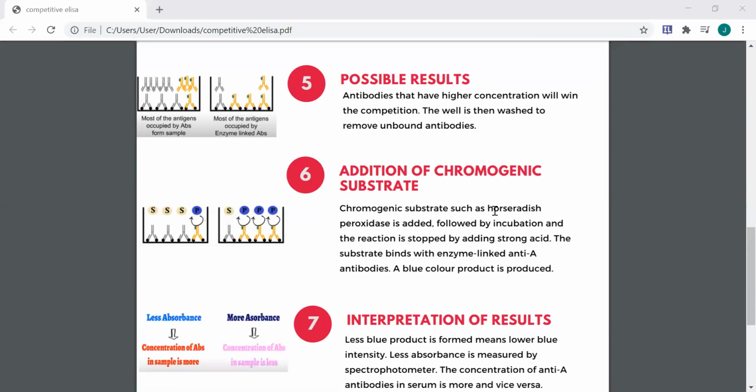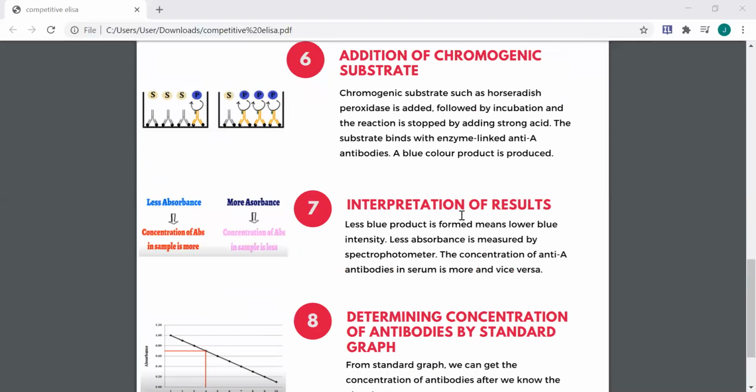A chromogenic substrate, such as horseradish peroxidase, is added, followed by incubation, and the reaction is stopped by adding strong acid. What this substrate does is bind to the enzyme-linked anti-A antibody only. The antibody from the serum will not bind with the substrate. And then the enzyme plus substrate produce a blue color product.